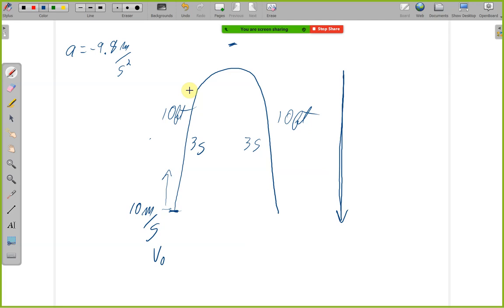No. If you launch it at 10 meters per second, here's one thing that you got to remember. Up here at the top, what is it going to be when it gets to the top? What's my velocity for a brief moment in time? 0. So for a brief moment in time, at the very top of that arc, your velocity goes to 0.